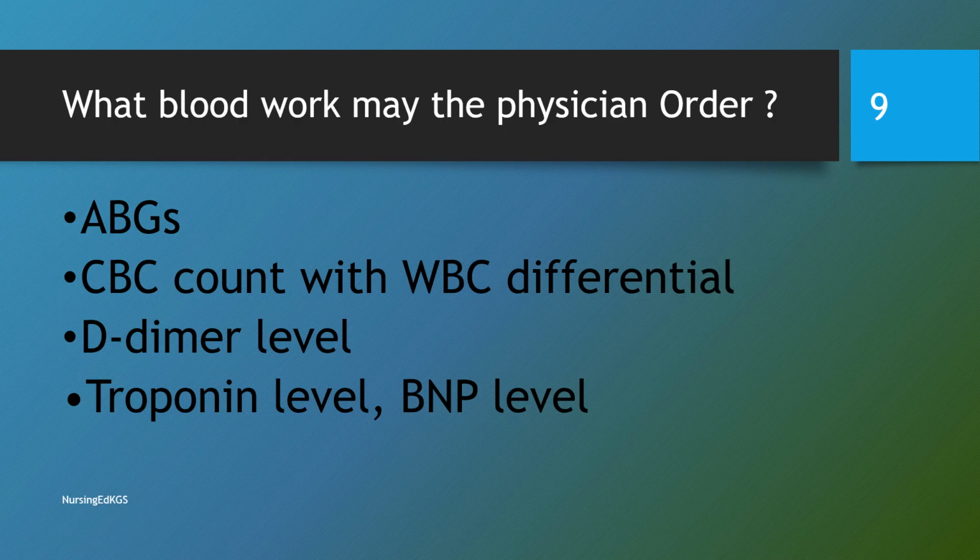D-dimer level quantifies cross-linked fibrin fragments that are present in circulation after clotting events like VTE, acute myocardial infarction, and acute stroke. It's rarely found in healthy individuals. The problem, though, is that it lacks sensitivity and specificity. So it does pose a challenge.